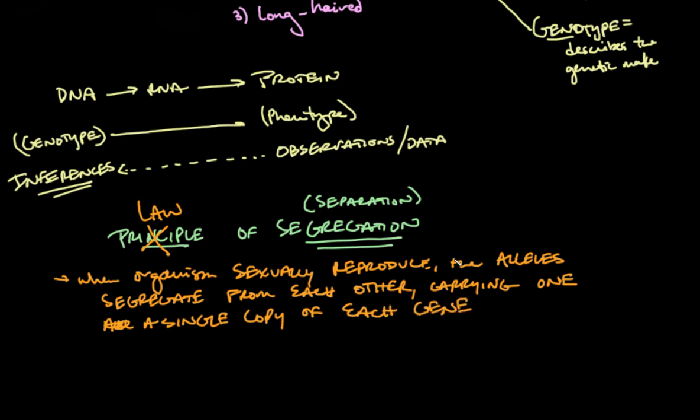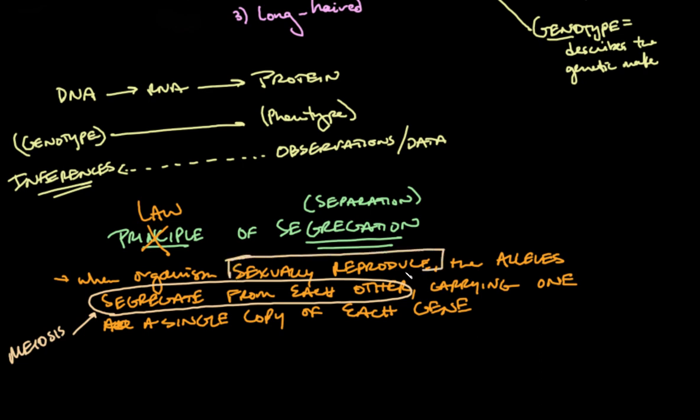It doesn't always happen, but 99+% of the time, this happens. And the process by which the alleles segregate from each other, I'm just going to give you the context of this now, that process we now call meiosis, which again you know is related to sexual reproduction.